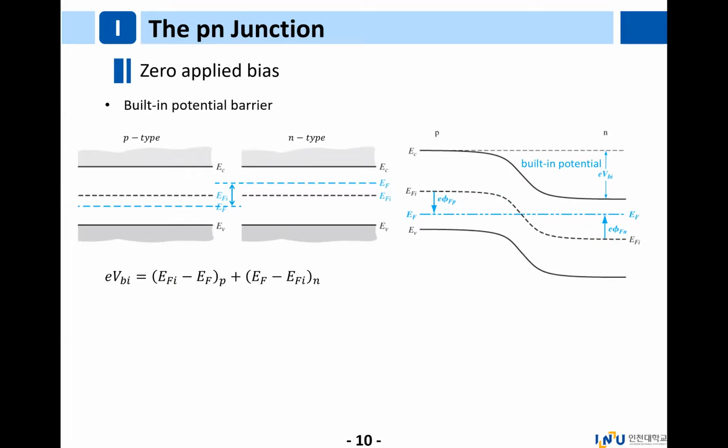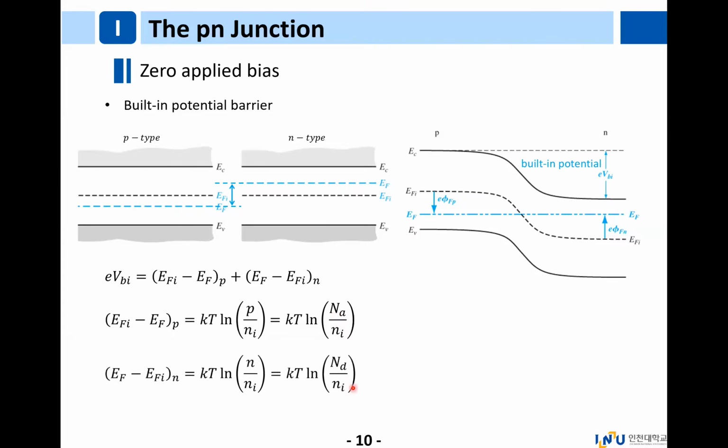Okay, the difference between the Fermi level on the p-type side and the intrinsic Fermi level can be expressed as follows. At this point, the hole concentration is equal to the concentration of injected acceptors.